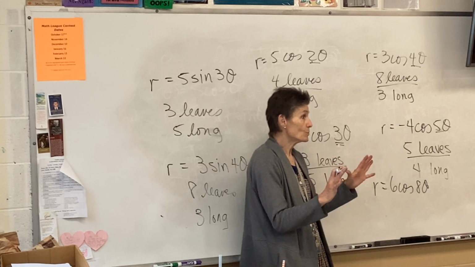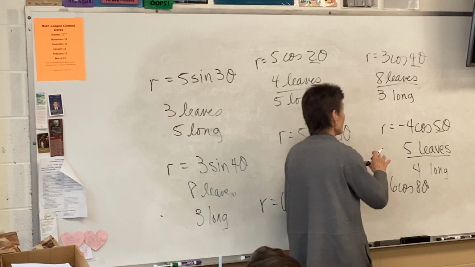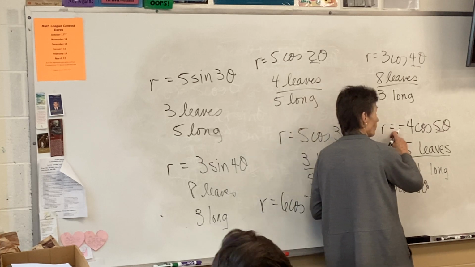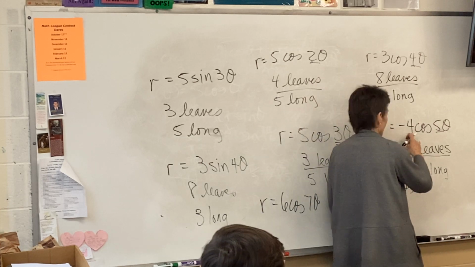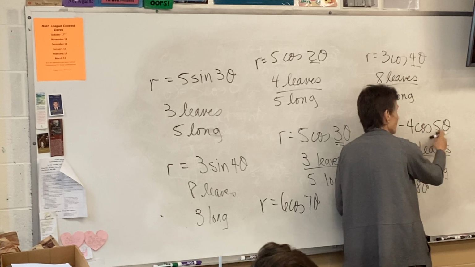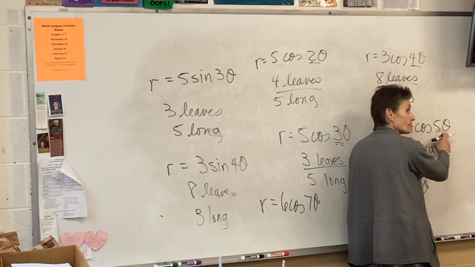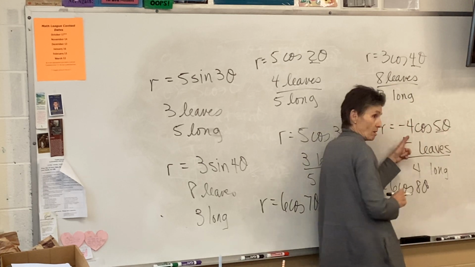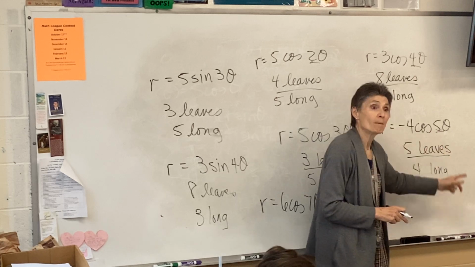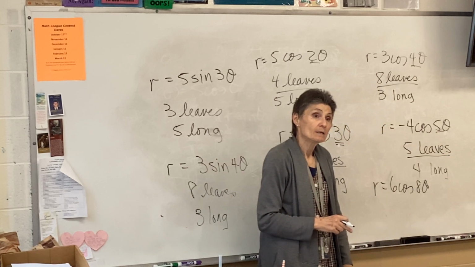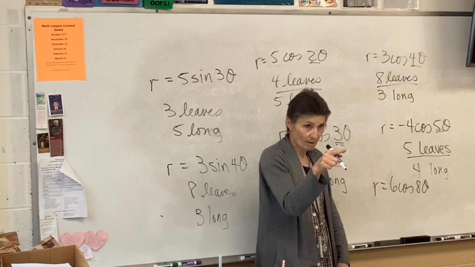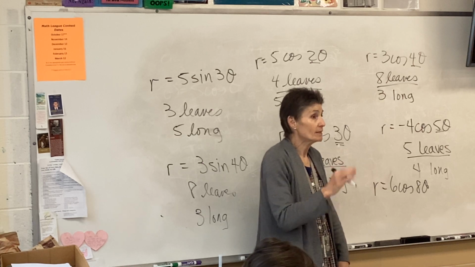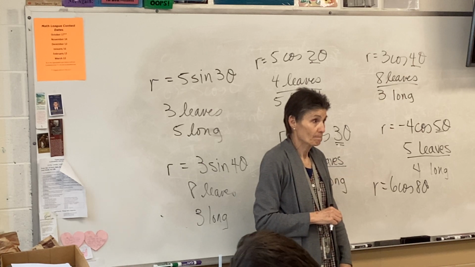So the roses are anything of the form r equals A sine or cosine B theta. A tells you how long they are. B tells you how many you've got. If B is odd, that's how many you got. If B is even, you have twice that many.